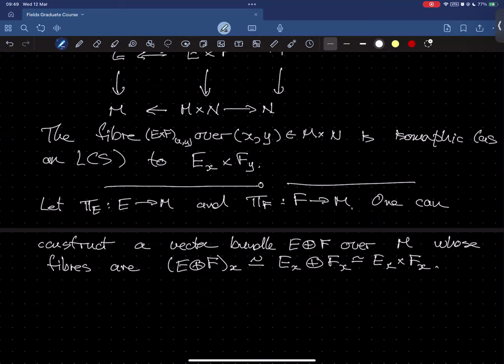So to do this, let's just indicate how to build vector bundle charts. Once you build vector bundle charts, you have to verify overlap conditions, and that's the thing I won't do, because as we've seen, verifying overlap conditions is tedious. But you have to do it. But I'm not going to do it. But you still have to.